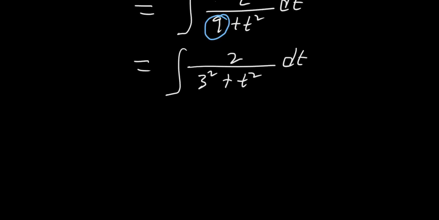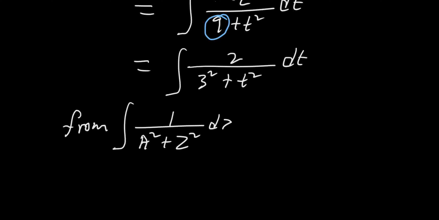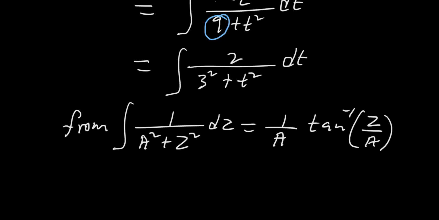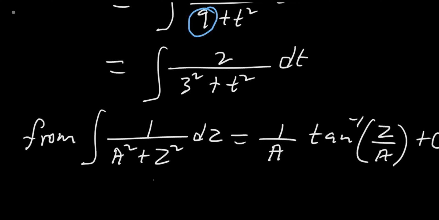Now, from the integral of 1 over (a squared plus z squared) dz equal to 1 over a, the inverse tangent of z over a, plus c, a is equal to 3 and z is equal to t.